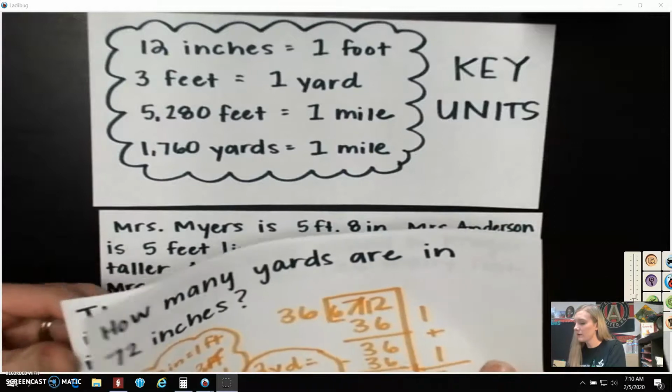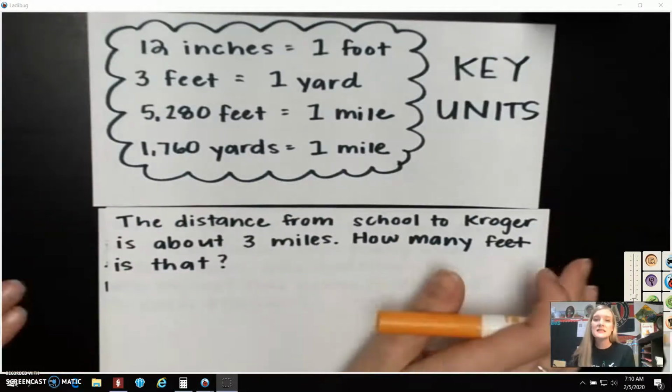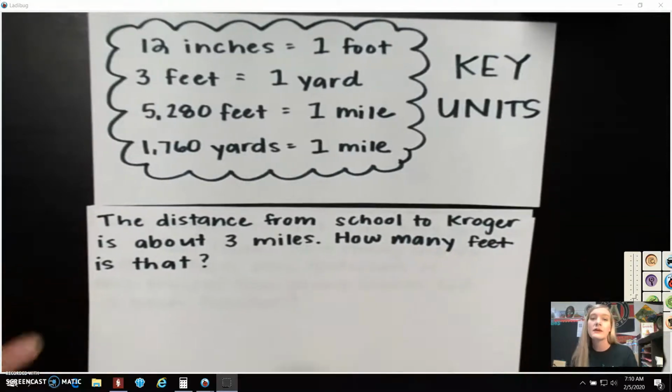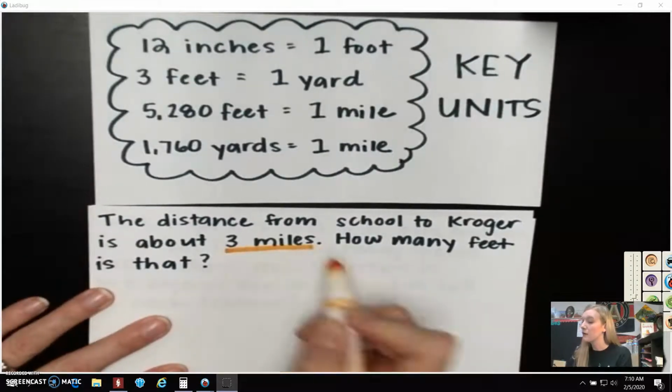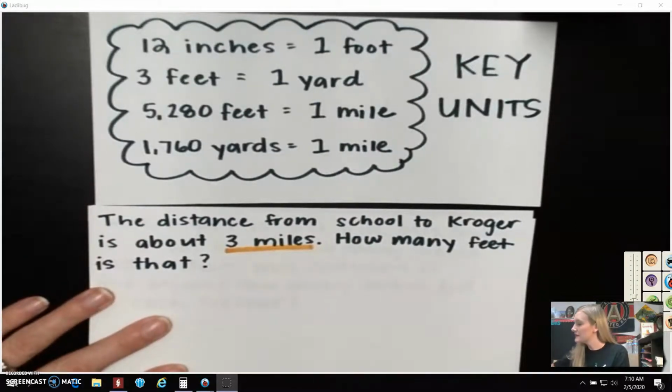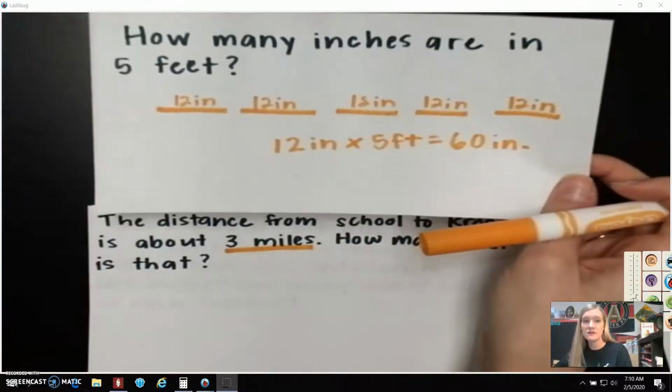Okay, I'm going to do another one. The distance from school to Kroger is about 3 miles. How many feet is that? So in order to calculate this, I'm noticing that I've been given the larger unit. So this is going to be an example kind of like the one that we did with the inches and feet.